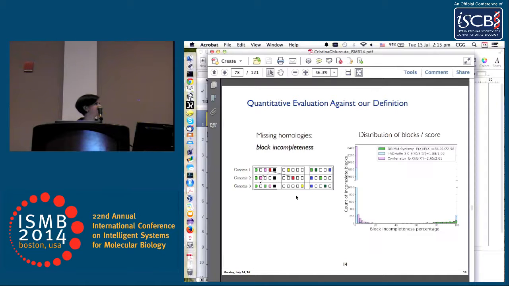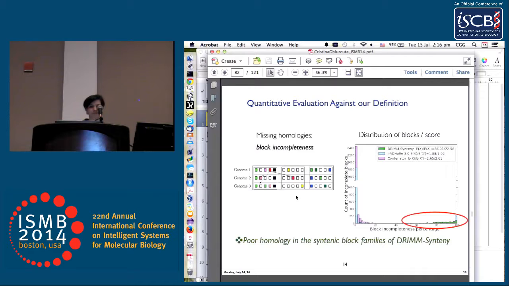And as we can see on the plot on the right, Syntenator and Iador produce synteny block families that contain very few to no markers which don't relate at all to the other markers which are part of the same synteny block family. Whereas Dream Synteny actually produces synteny block families which contain markers that are very sparsely related to each other.